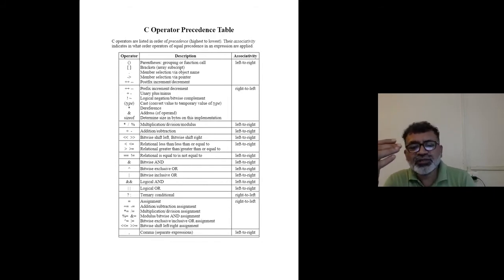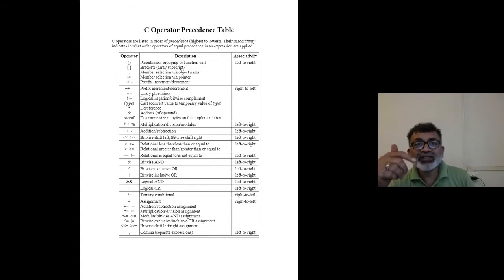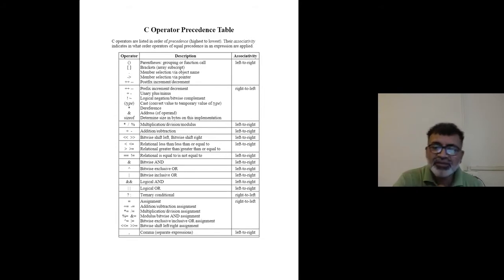Comma has got the lowest, but that is the reason the control goes to the right hand side of the assignment operator. That is the reason. And there is associativity. Precedence comes into the picture at the beginning, but if operators having the same precedence come side by side, then associativity comes into the picture. I will show you, right?